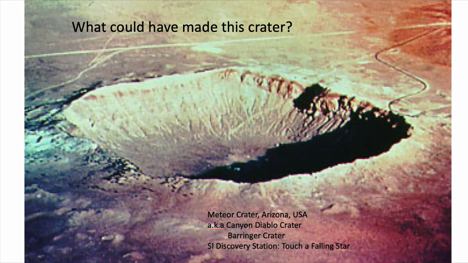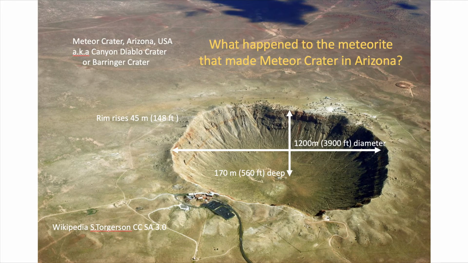And looking at an actual crater, what would have made this crater? Perhaps we need to know a little bit more about it. Meteor Crater in Arizona is over 1 kilometre wide, just a bit short of a mile, probably 3/4 of a mile wide.